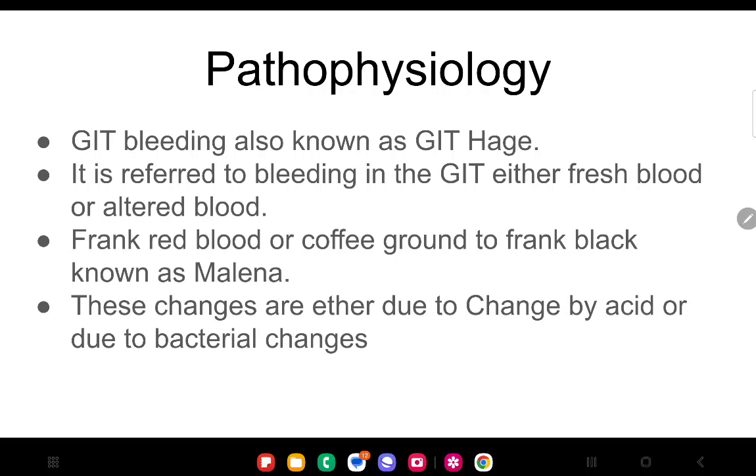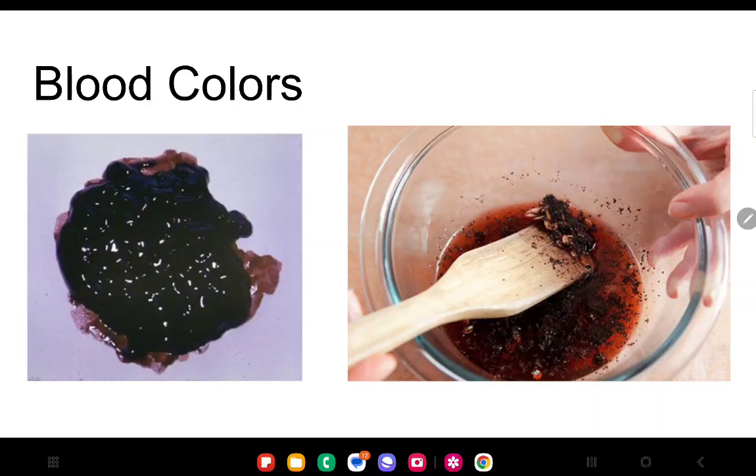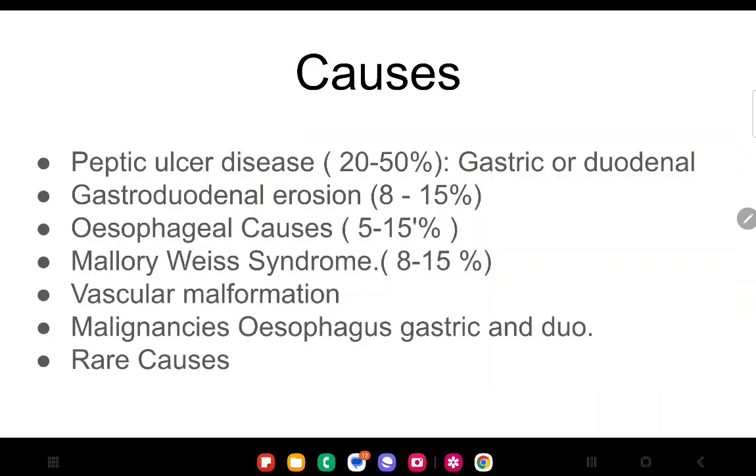The causes of upper GIT bleeding are multiple. Some of them are very common, some of them are very rare, and one has to know them all.